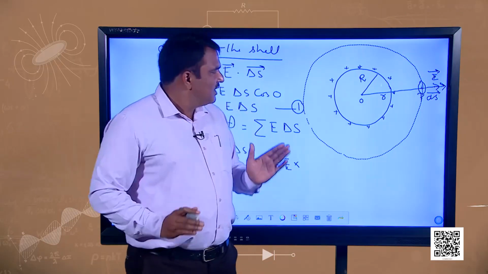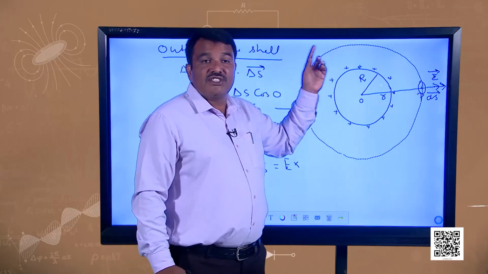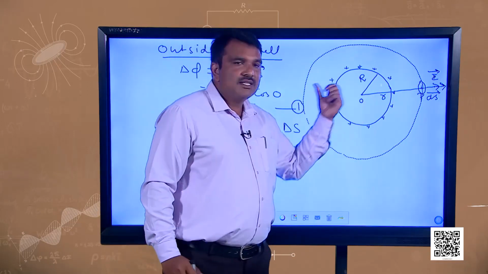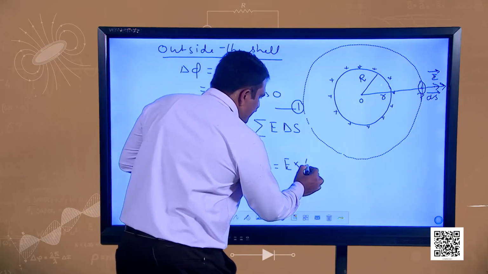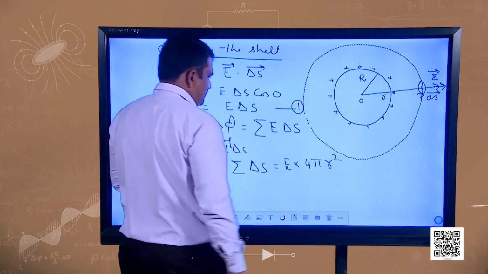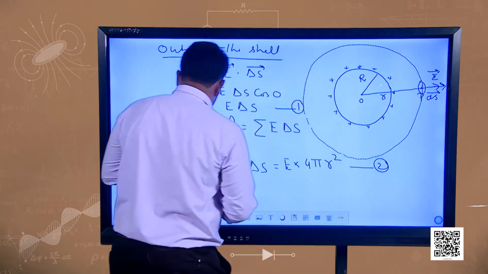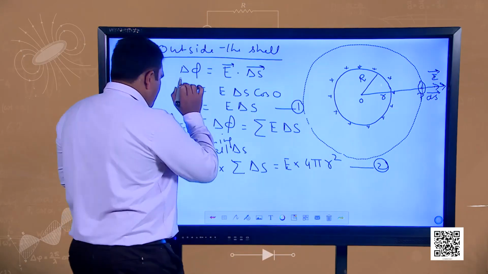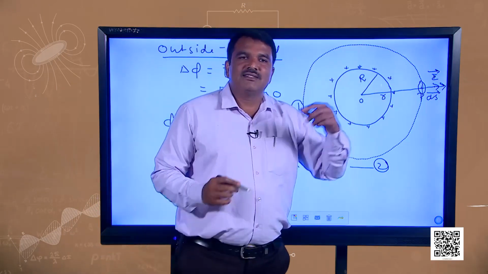It will give us the total area of the Gaussian surface, which is a sphere of radius small r, and we know that the area of a sphere is 4 pi small r square. We can give it equation number 2. So, it is the total flux passing through the Gaussian surface.